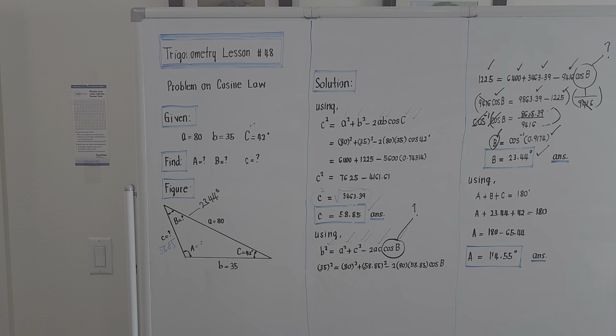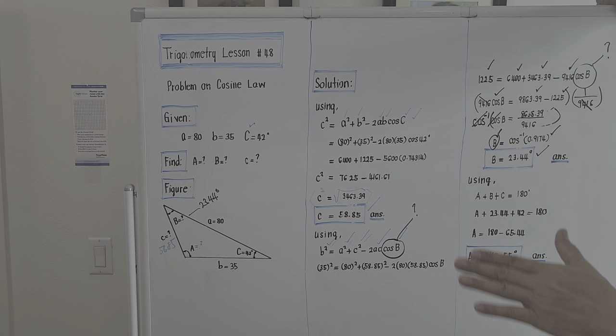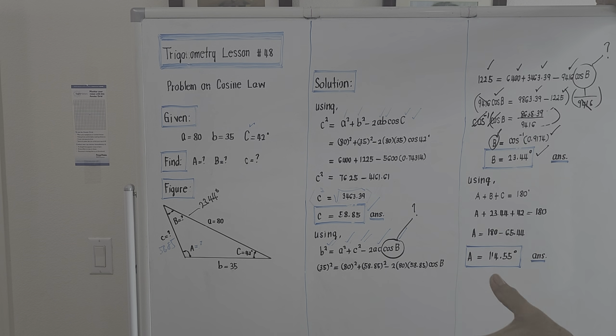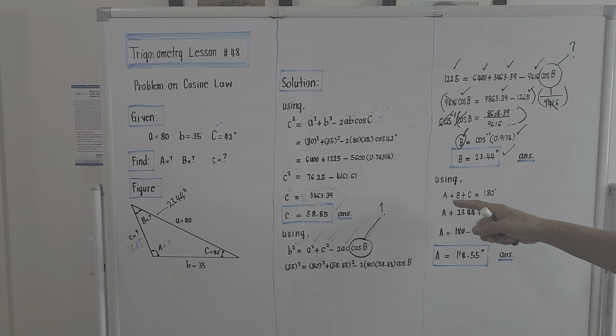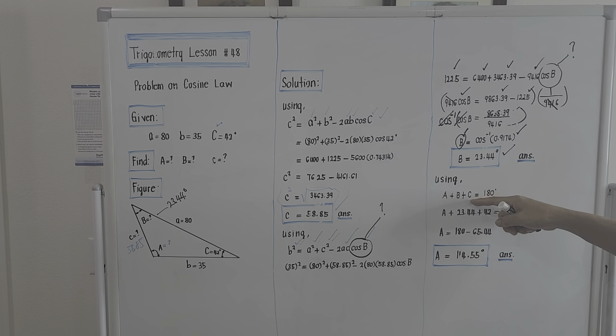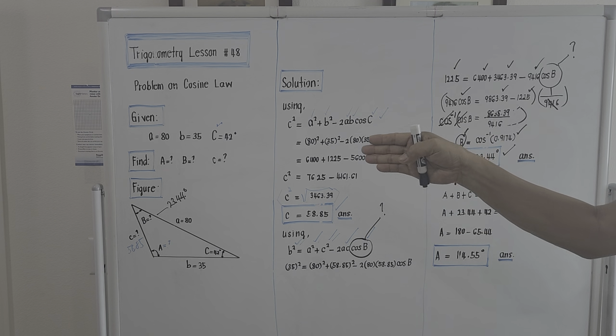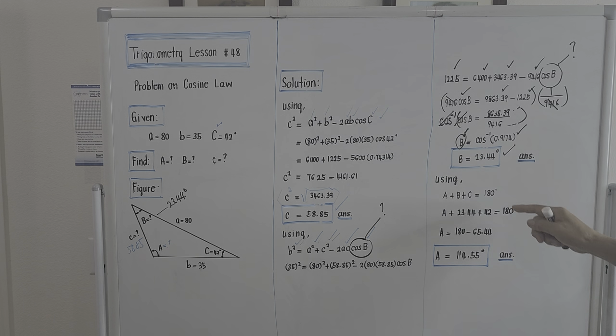So the one remaining that is unknown is actually angle A. But since we know that in an oblique triangle, the summation of the interior angles is equal to 180 degrees, angle A plus angle B plus angle C is equal to 180 degrees.